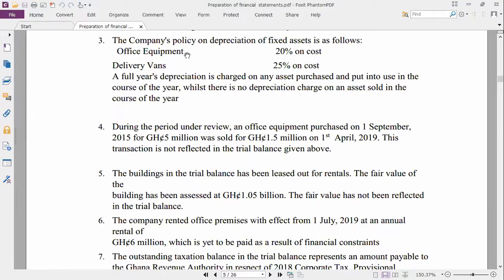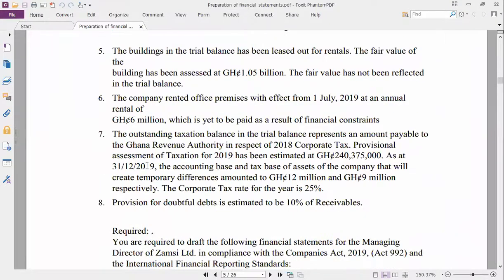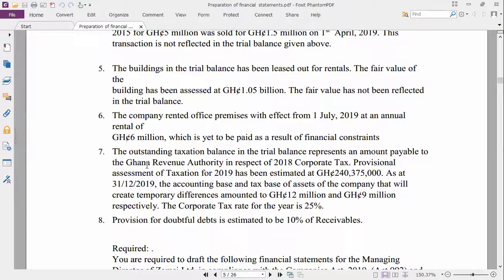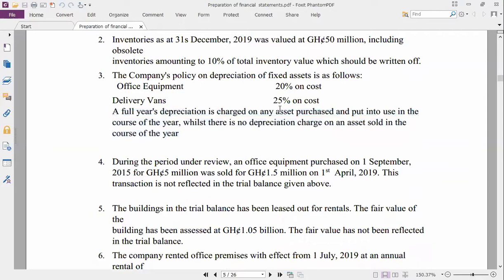But we know that we don't charge depreciation in the year of disposal. That is it. So that's why this note is there. This note is saying that we should charge full year depreciation and none in the year of disposal or sales. So that means office equipment is not free. Let's check whether we see delivery van again. Okay, no delivery van. So that means delivery van is free.